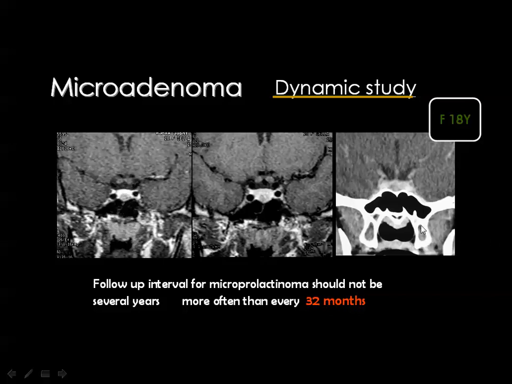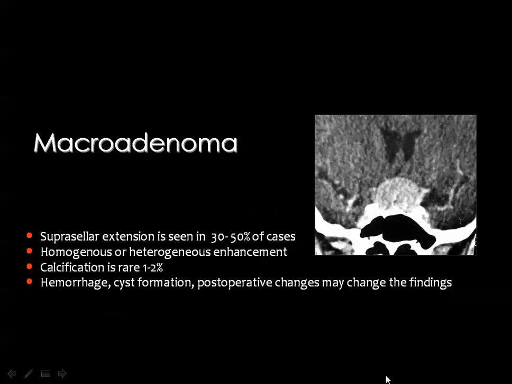But here you see that the pituitary gland is almost homogeneously enhanced, but in the MRI you can appreciate the difference between the enhancement of the pituitary gland and the pituitary microadenoma.